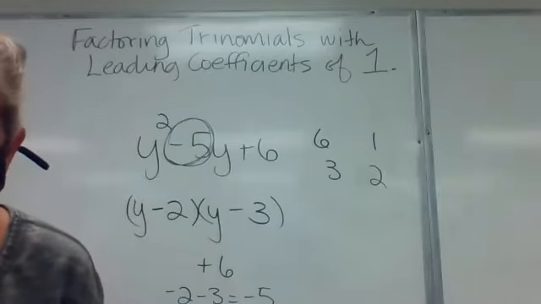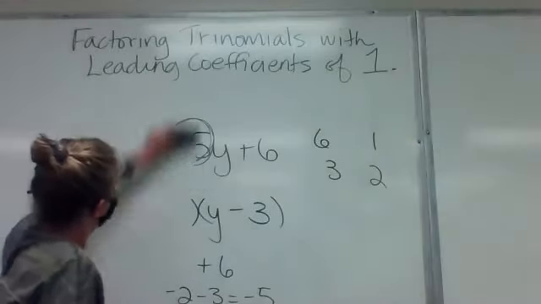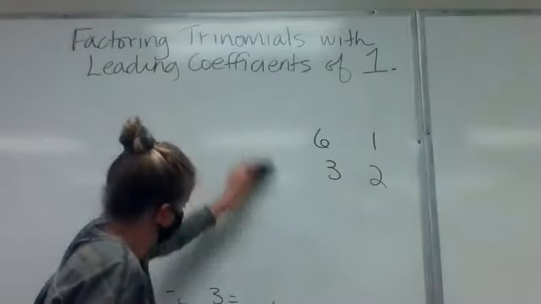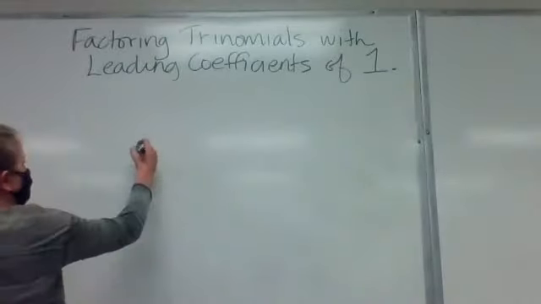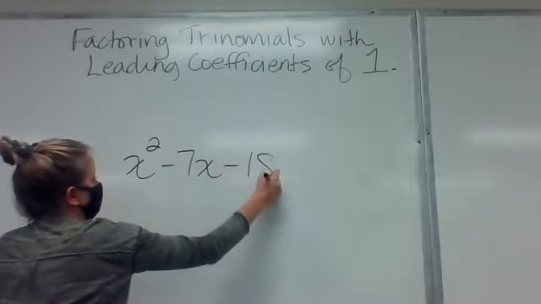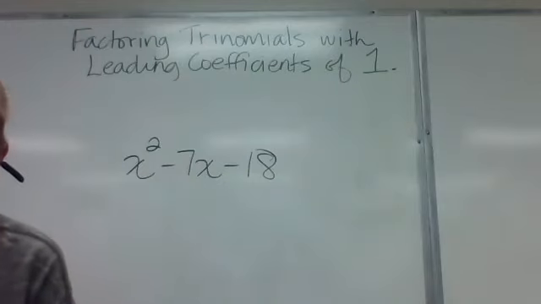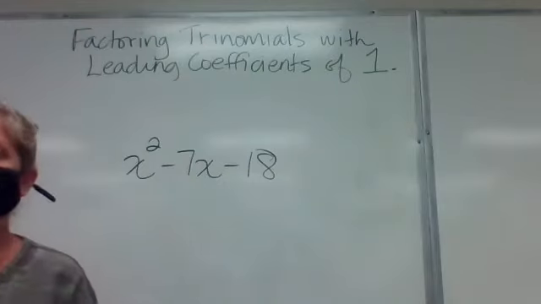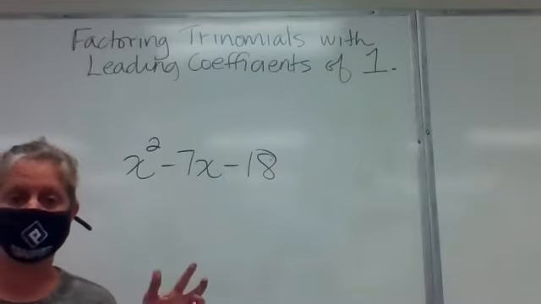All right, let's try another one. X squared minus 7x minus 18. All right, another trinomial with the leading coefficient of 1. And I like to call these, if they're a leading coefficient of 1, the good trinomials.